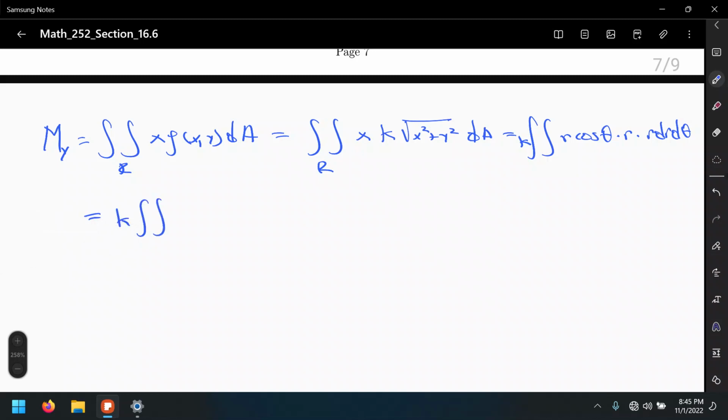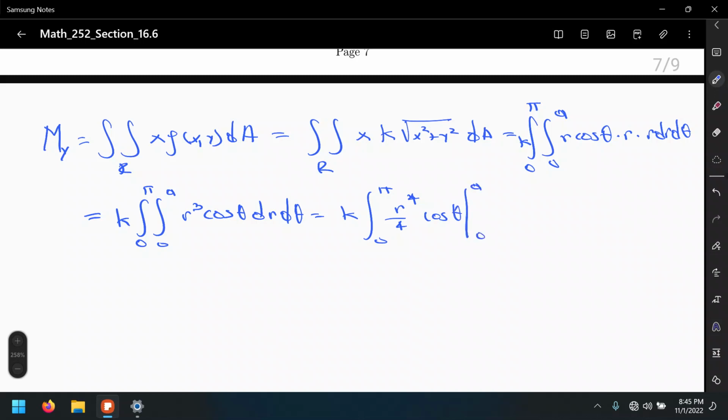In this case from 0 to a, and from 0 to pi, same limits, so that's going to be r cubed cosine theta dr d theta. Same process: integral from 0 to pi, integrate r cubed, that's r to the 4th over 4, cosine theta, and evaluate that between 0 and a.